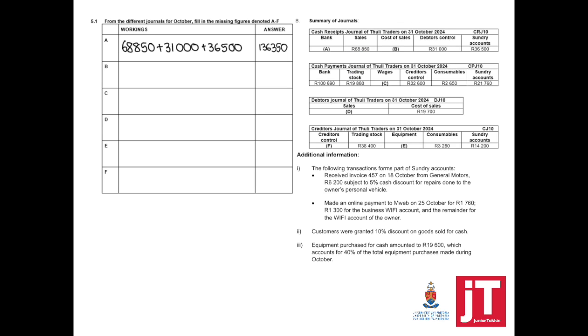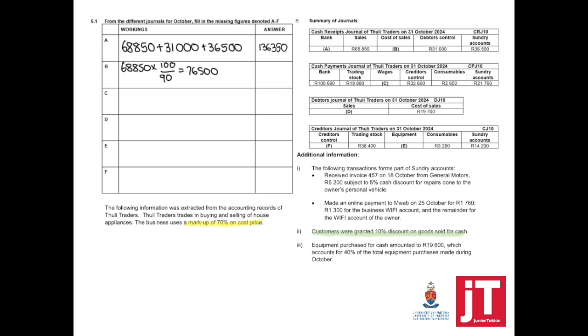So we need to, step number 1, find out, but what was the original selling price? So if 10% discount was given, it means that 100 minus 10 equals 90% of that amount was received by customers. So to find now the full original, the 100%, we have to take 68,850 times 100 divided by 90.